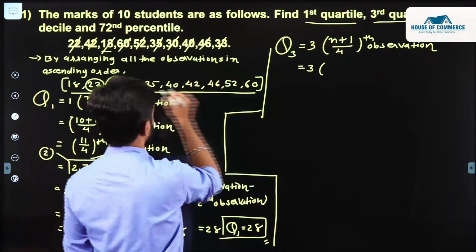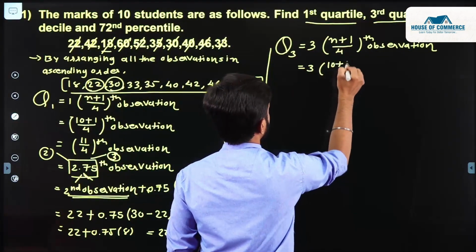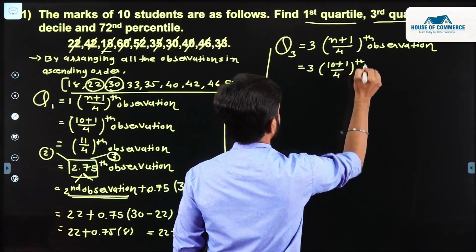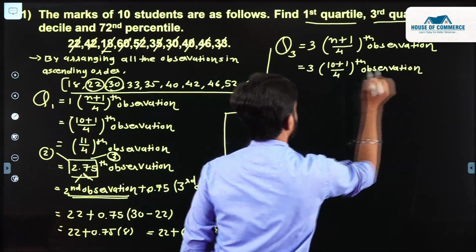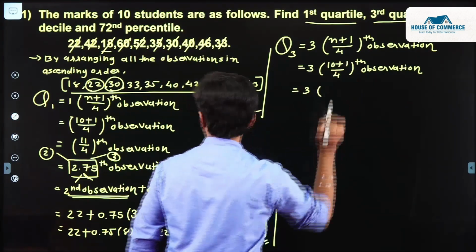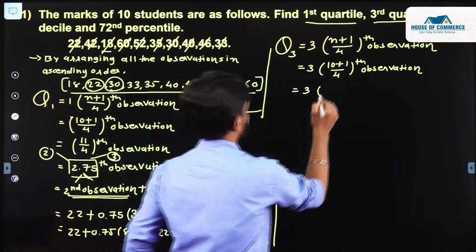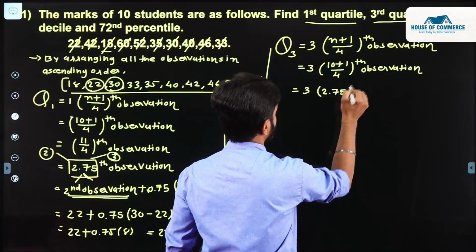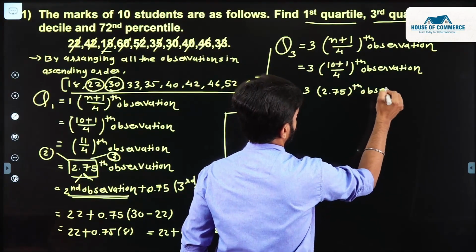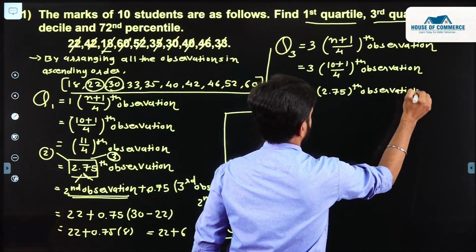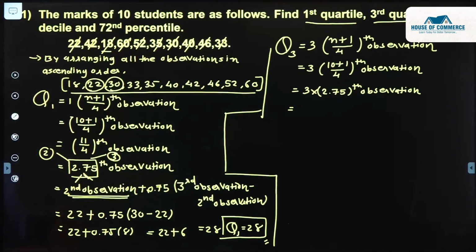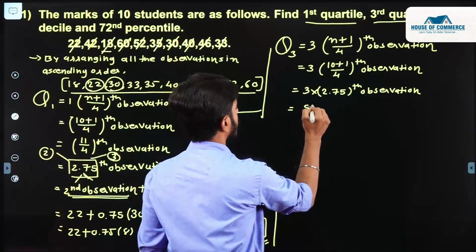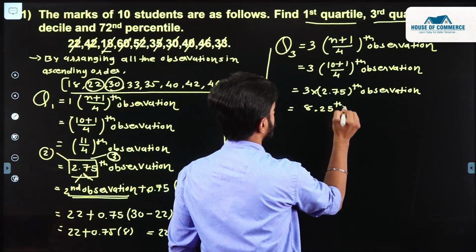What is n? The total number of observations, which is 10 plus 1 divided by 4, which is 11 by 4, which we have already calculated earlier as the 2.75th observation. And then we have to multiply that 3 with the 2.75. If I multiply 3 with 2.75, then I get the answer as the 8.25th observation.